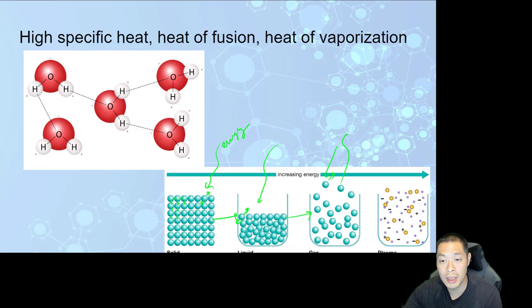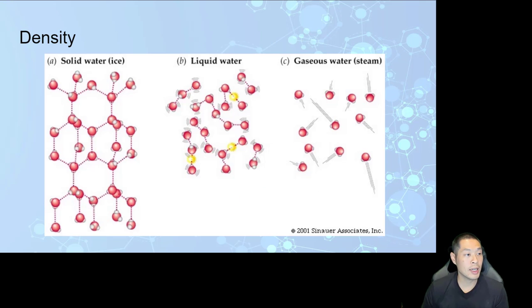It's very important. Here's a picture of the same thing, but kind of showing you the differences. So in solid, you have a lot of hydrogen bonds keeping it together, so it takes a lot of energy to break it apart. Here it's going to have hydrogen bonds here, take energy to break it apart, etc. Also, another thing that you see because of hydrogen bonds, when it's in a solid configuration, it forms this crystal that actually takes up more space.